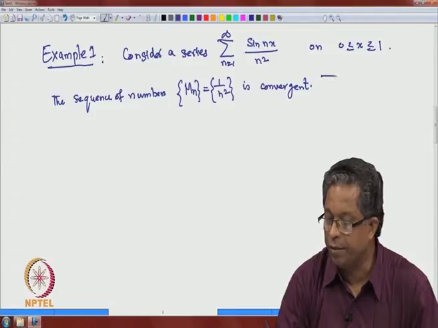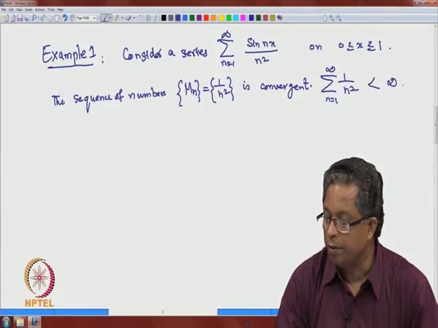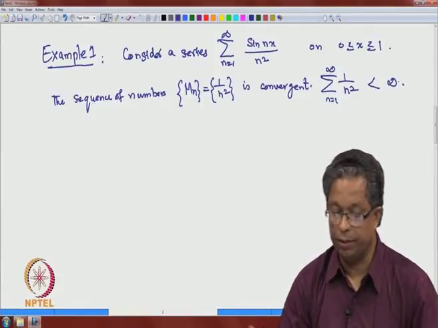So, we know that summation 1 by n squared, n goes from 1 to infinity, is a convergent series.